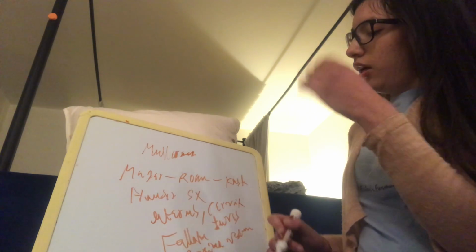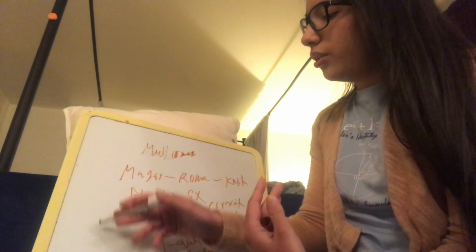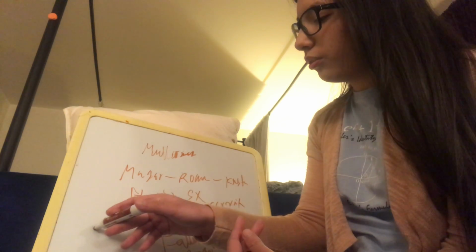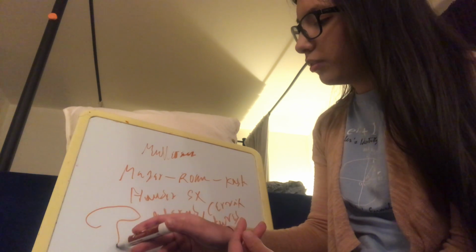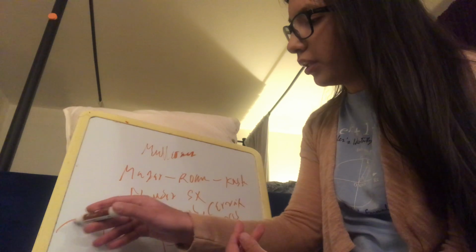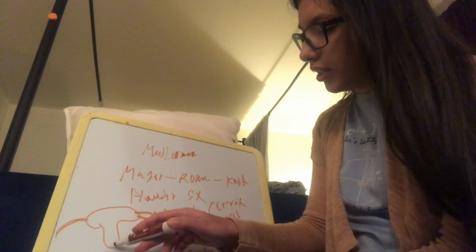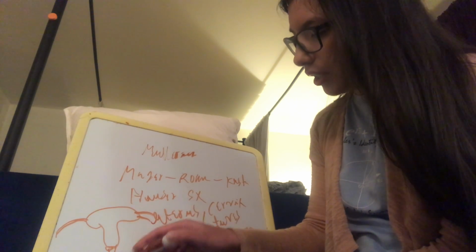So, the uterus, let me try to draw a uterus, well, something like this. Uterus, the fallopian tubes, the cervix, and the proximal vagina.